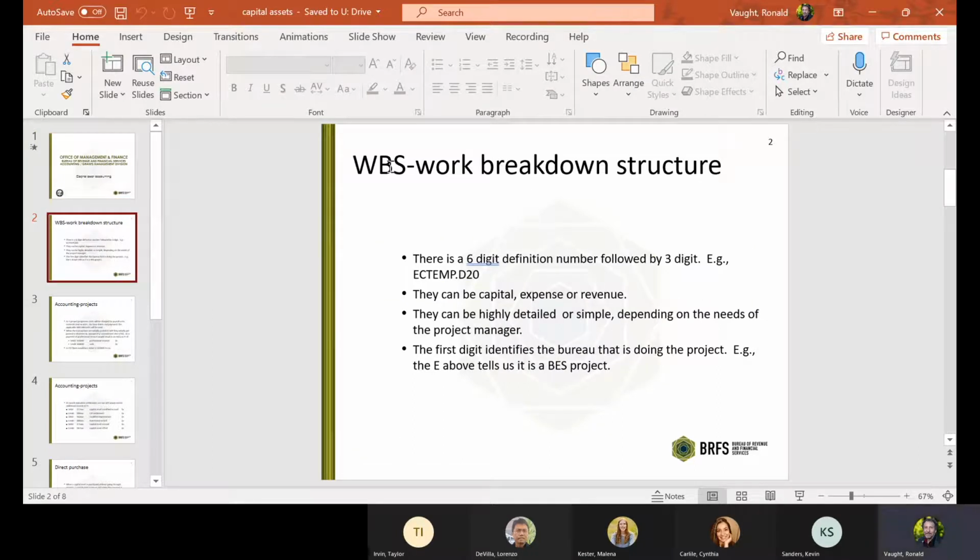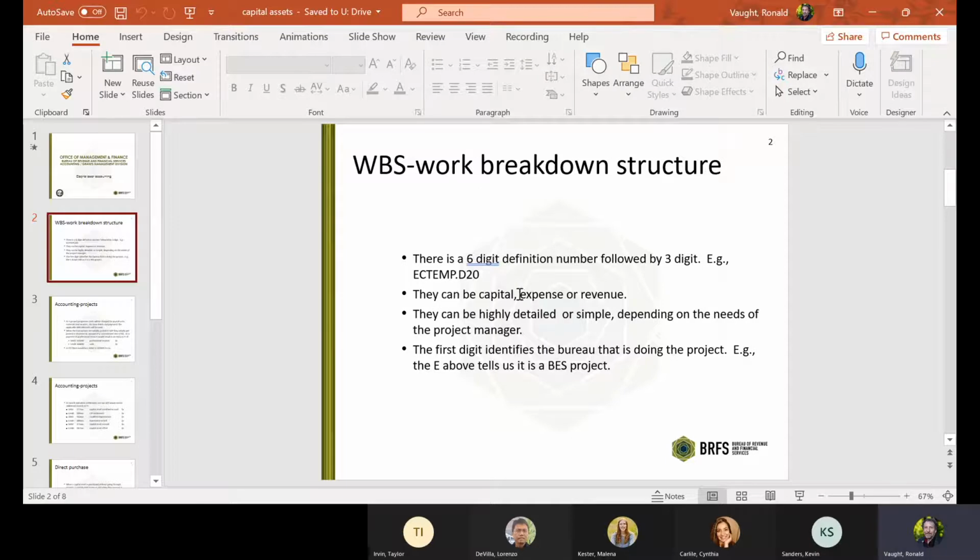WBS elements, you'll hear related to capital asset work and project work. That stands for work breakdown structure. And it's a 6-digit number followed by a dot and then a 3-digit number. So like EC temp dot D20.